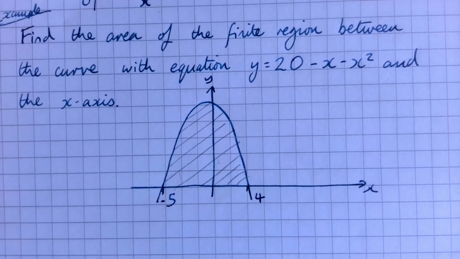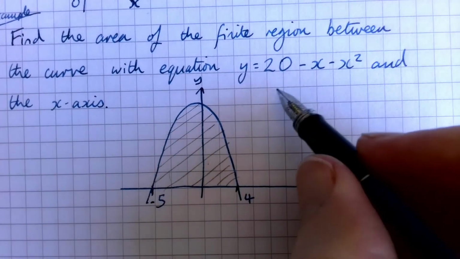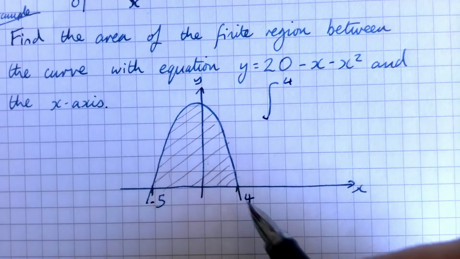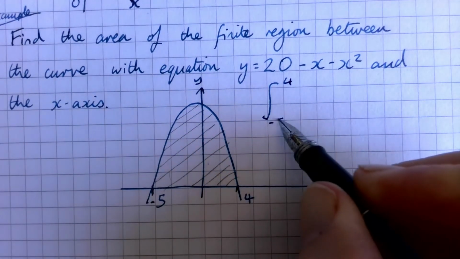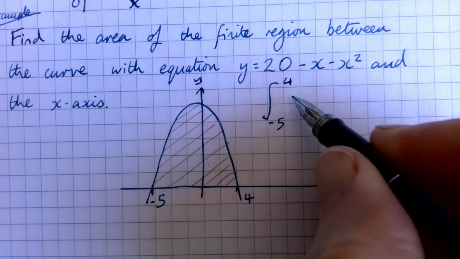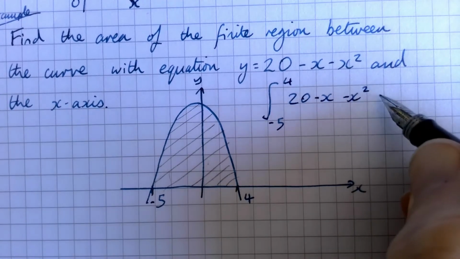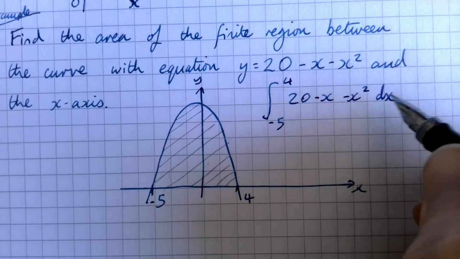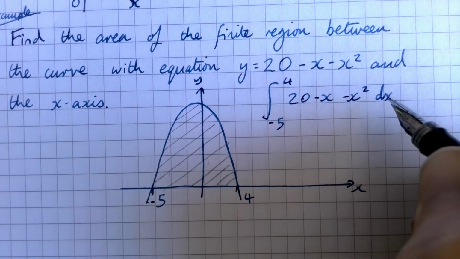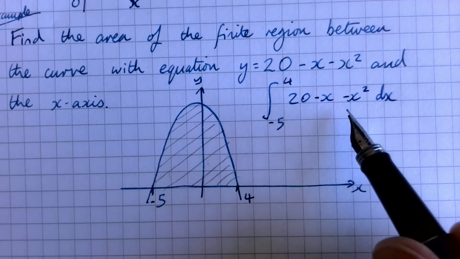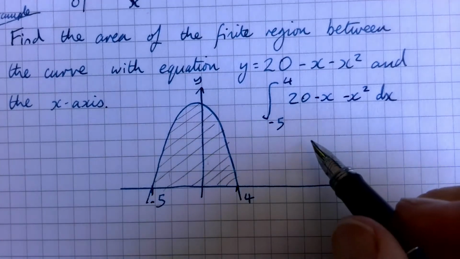Right, now the next thing I need to do is integrate 20 minus x squared dx between x is -5 and x is 4. That means differentiating with reference to x, doesn't it? So how do I integrate that?